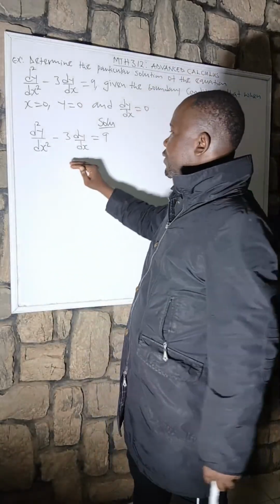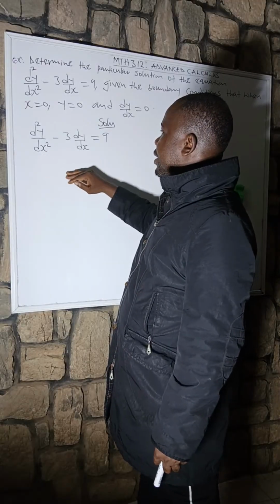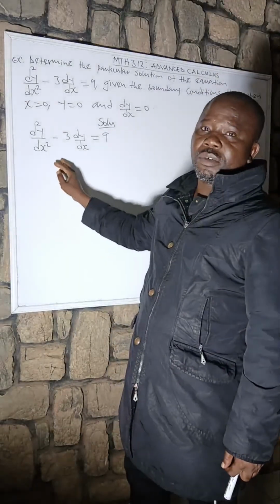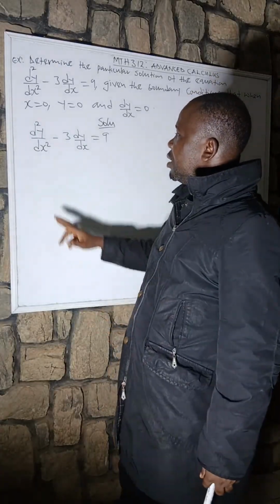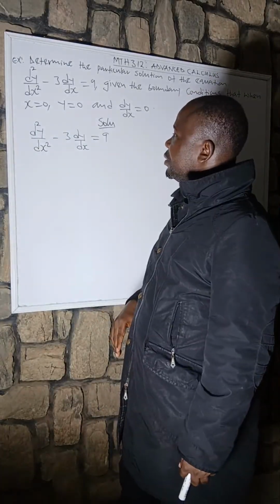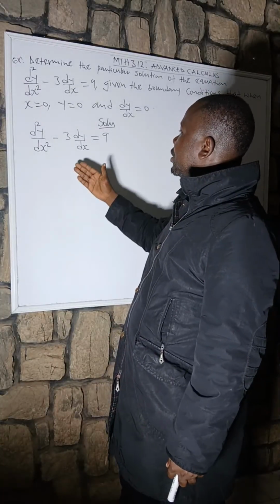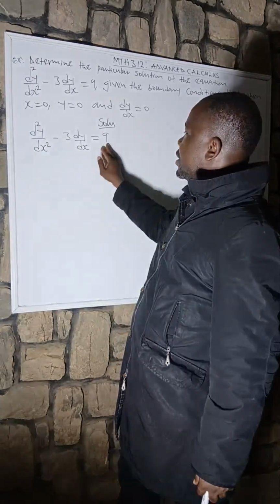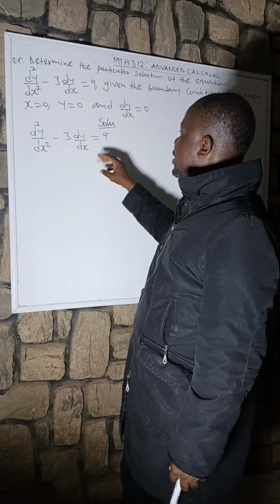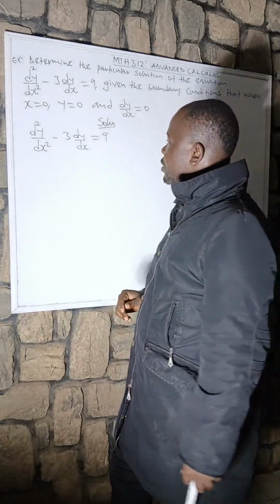You don't need a prophet to tell you that this is a second order differential equation, order 1, degree 1, and non-homogeneous. Why? Because it is equal to a constant. The constant there is 9, true or false.